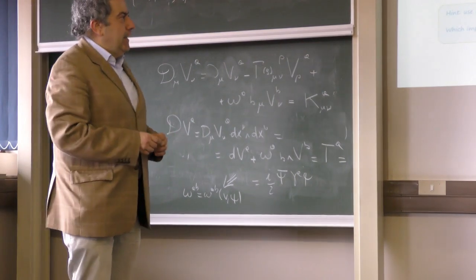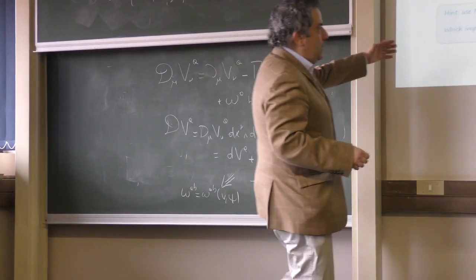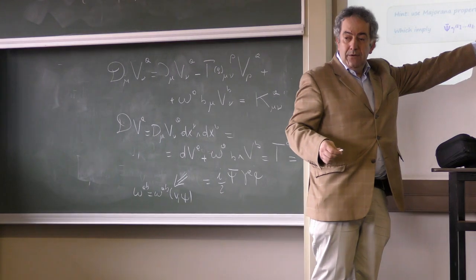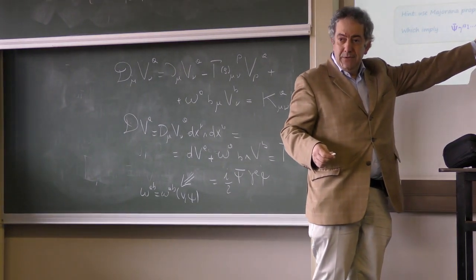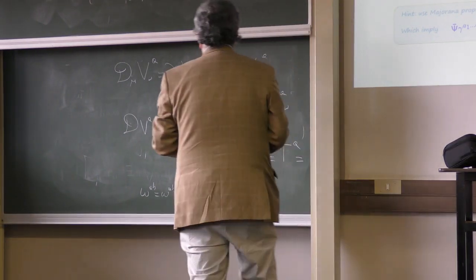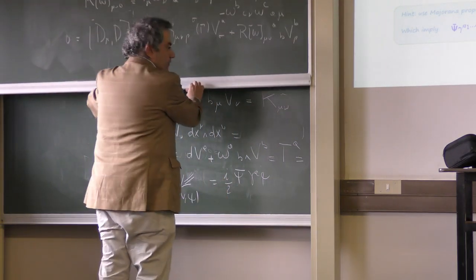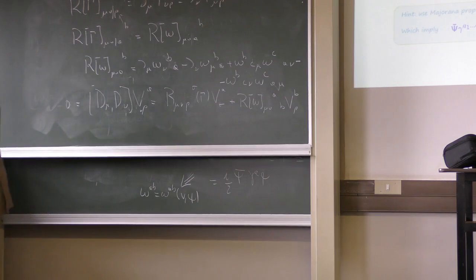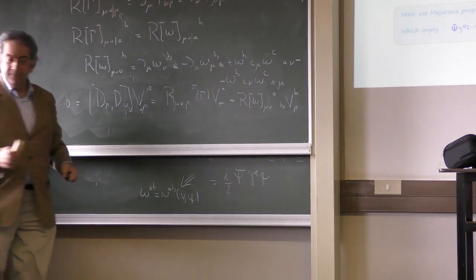To derive this equation, I'm using these properties of the gravitino field. Recall that the gravitino field is a one-form, as written here. It's described as a one-form. This means that its space-time index is contracted with dx.